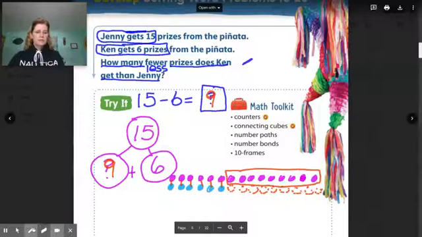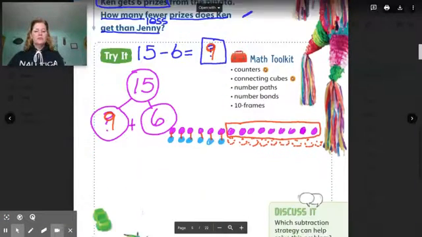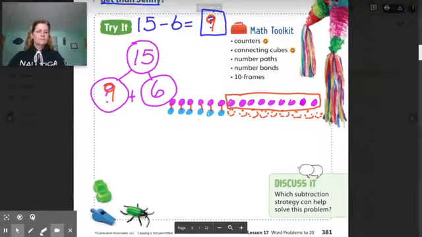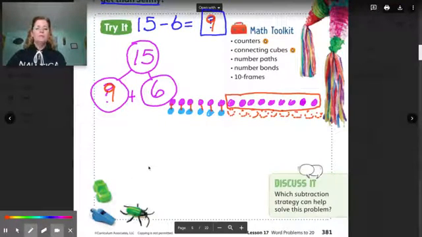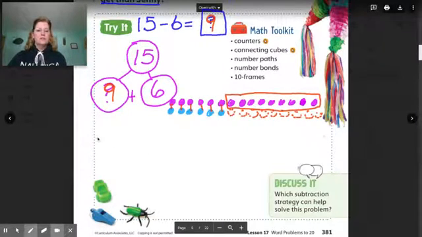Okay. And then real quickly, this is a super good one to do a number path on. And if you just want to watch me on this one, you can. So I know that I'm only going to be going to 15 on my number path. This time I'm going to start here. 1, 2, 3, 4, 5, 6. When you draw your own number paths, if you don't put squares around them, you need to be sure that you give enough space so that you don't get your work mixed up.